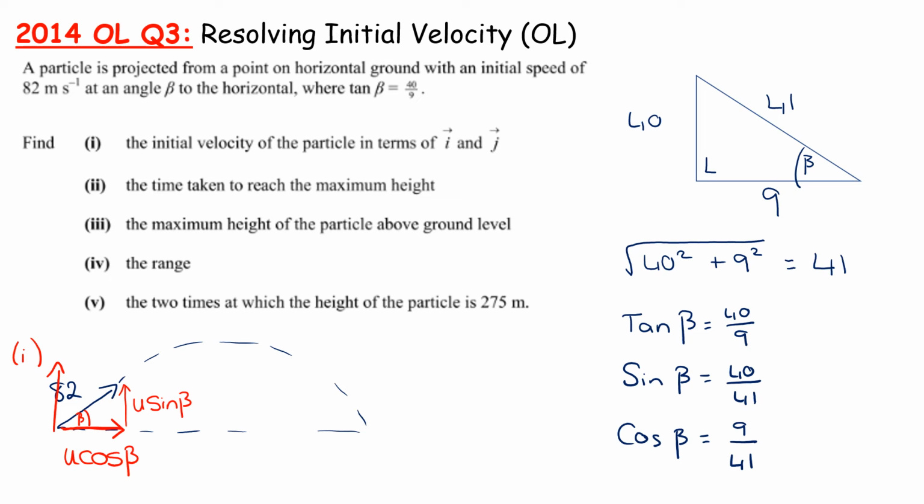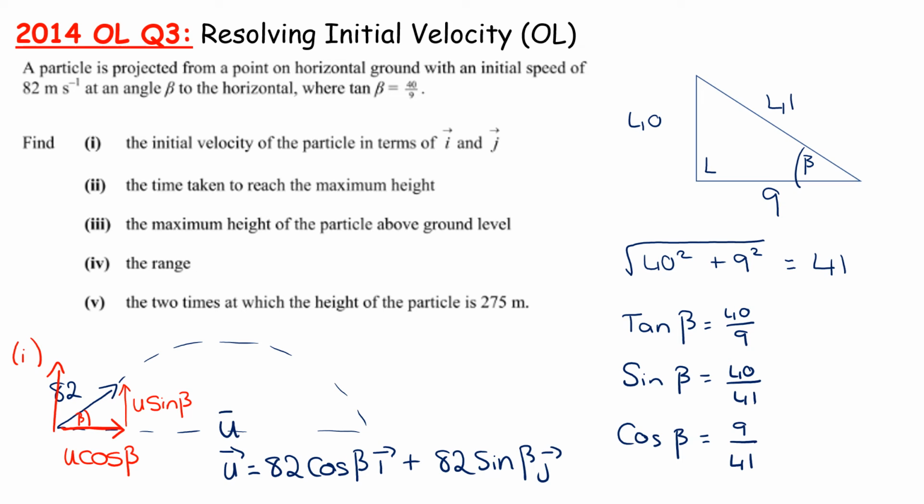So anytime we resolve our u vector, it's going to be u, which in this case is 82, cos beta, or whatever the angle is, i, plus 82 sine beta j. Now, because we're working with those lovely fractions, when we sub those in, we're going to get quite nice answers.